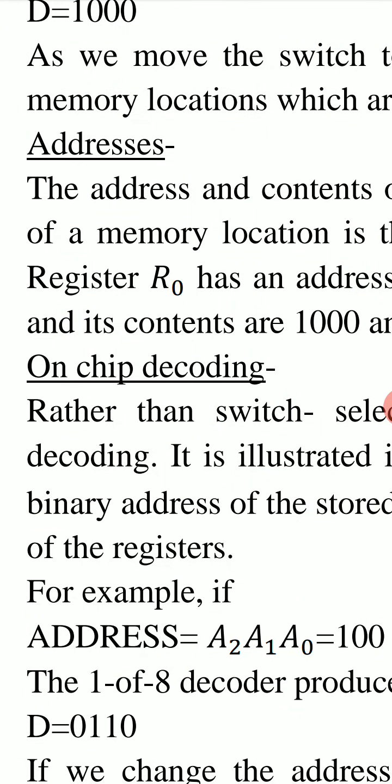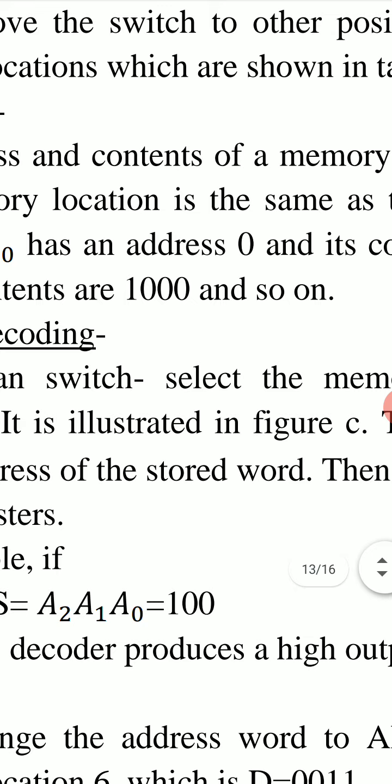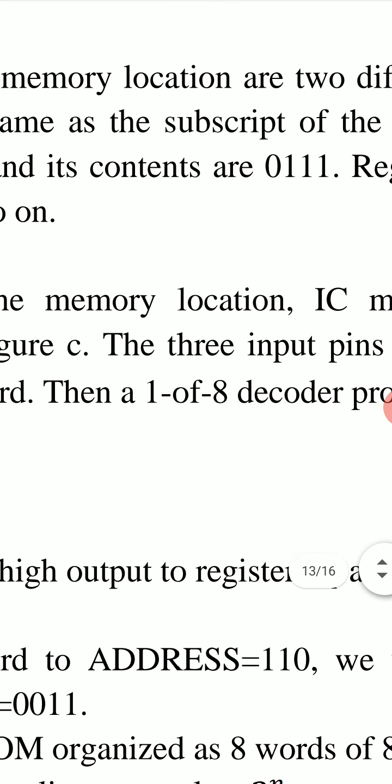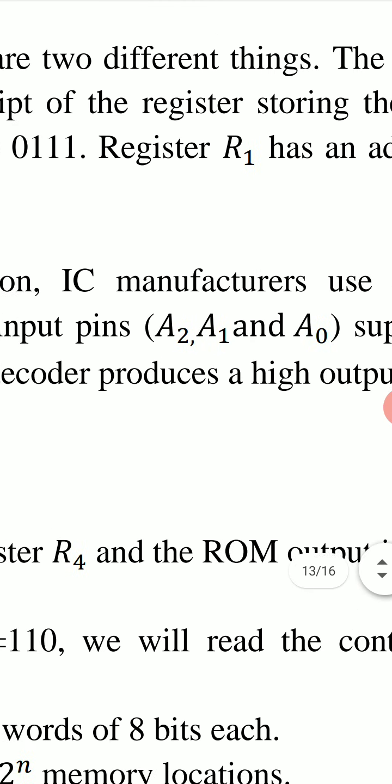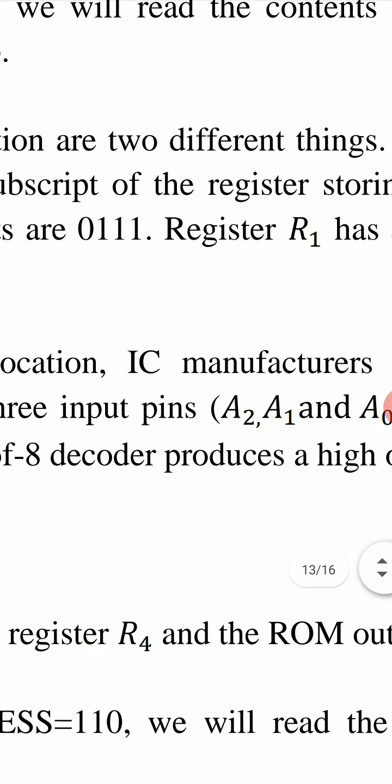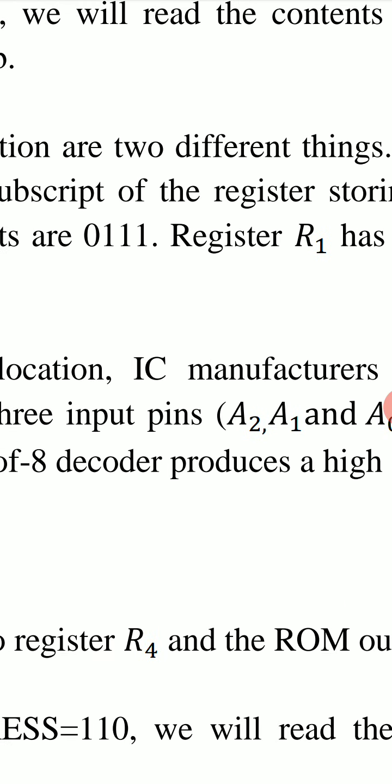Addresses. The address and contents of a memory location are two different things. If we have a memory location, it will have a certain address and it will have certain content in it. So the address of a memory location is different and its content is different.